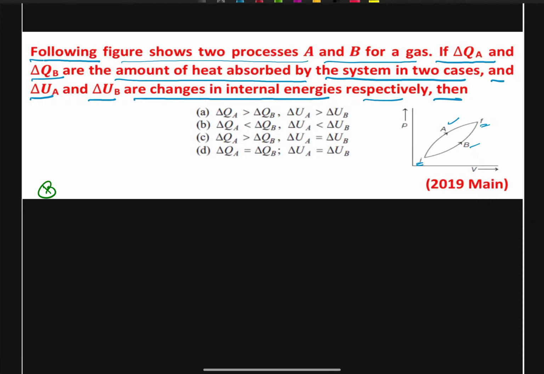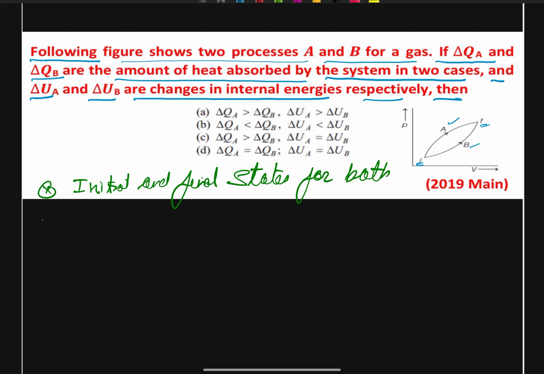So we can say that our initial and final states for both A and B are same.